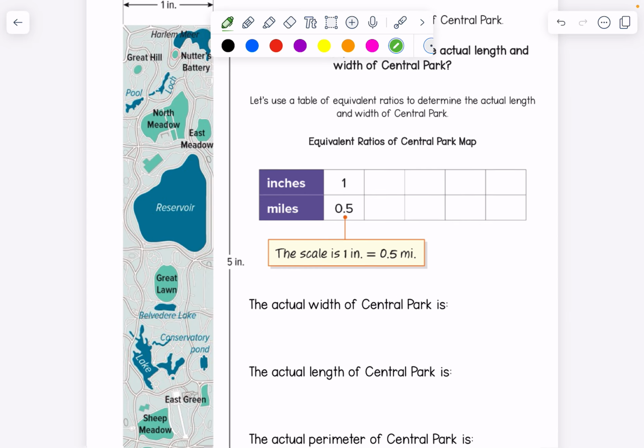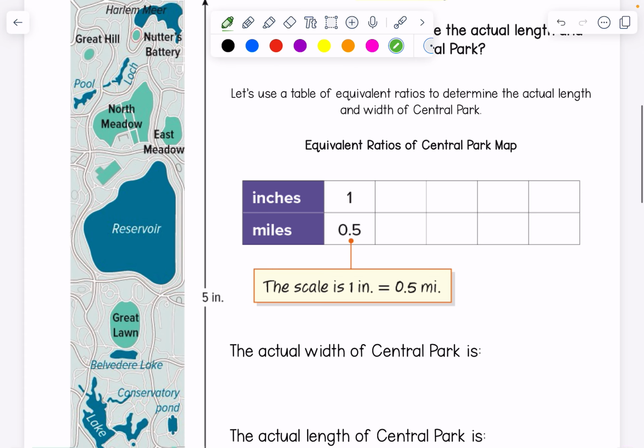So right now, if we look at this ratio table, I know I'm going to use the scale that it's telling me. It told me that 1 inch is equal to 0.5 miles. So if I put that ratio on my ratio table, notice the top is inches and the bottom is labeled miles. So 1 inch is equal to 0.5 miles.